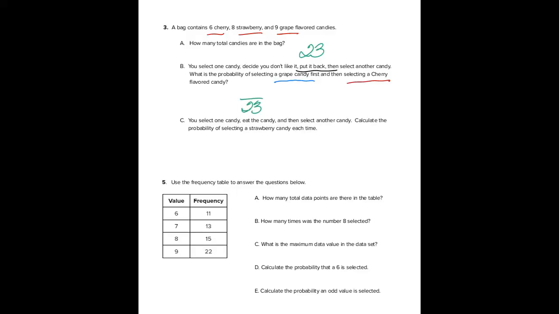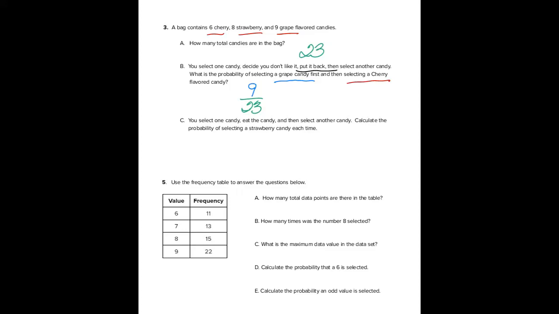So if I'm looking for grape candy, how many grapes do I have for that first draw? I'm looking at 9, right? So I get 9. Then I put it back, whatever it is. That chance would be 9 out of 23 that I would get it.